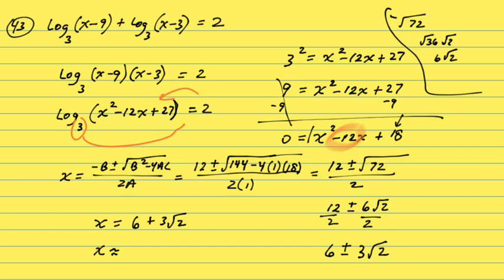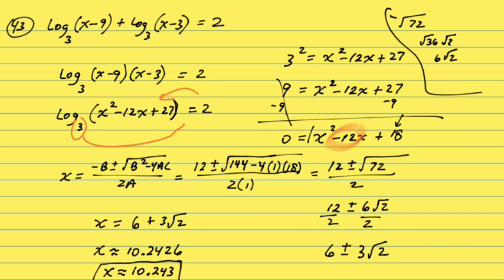And what is 6 plus 3 radical 2? It's about 10.2426. So when I look in the textbook, the answer says 10.243.